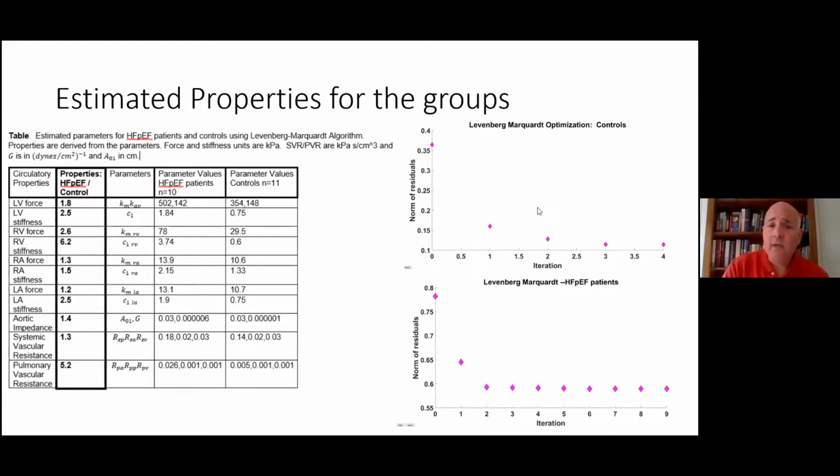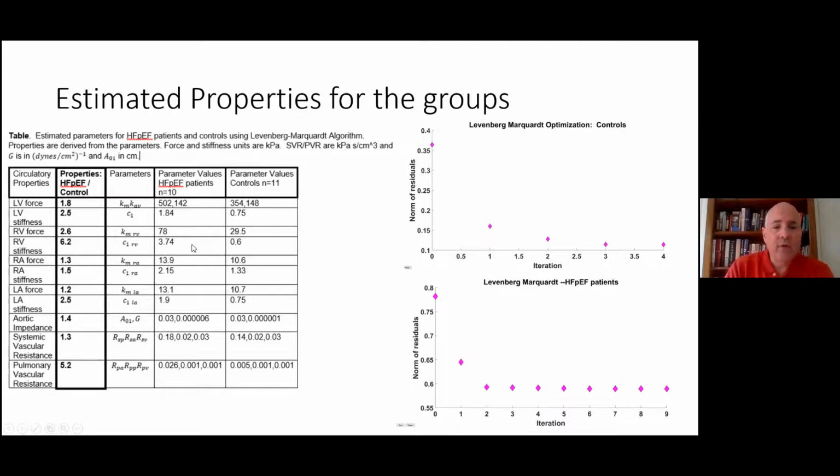What you can see here was this initial attempt to measure the properties that I had mentioned, which were the force and stiffness in each chamber, the impedance of the aorta, the vascular resistance in the pulmonary and systemic circulation between the HFpEF and the control patients.